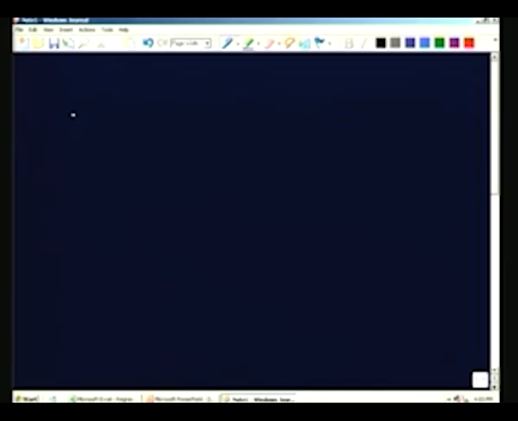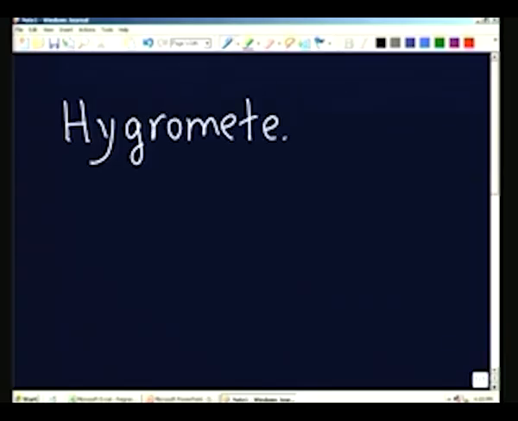Let us take a sensor which measures the presence of water vapor, moisture. It is referred to as a hygrometer, and a hygrometer uses a sensor.